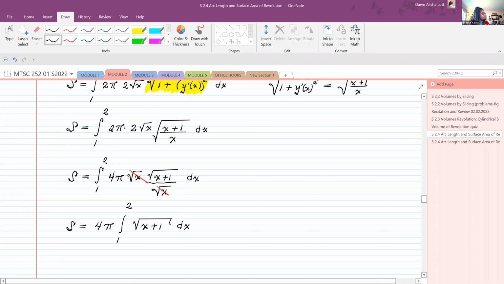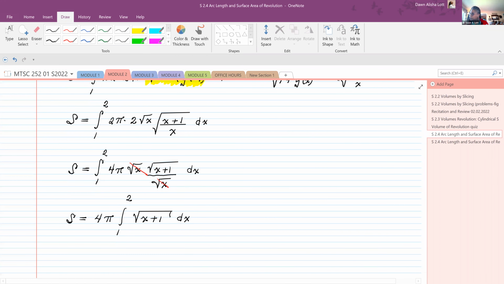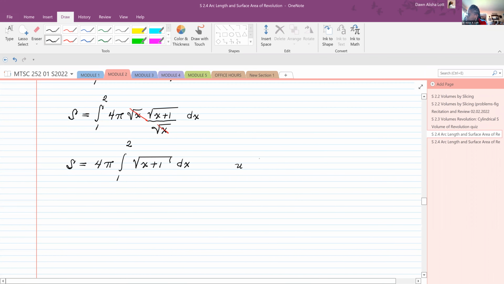Okay. All right, so this is a very simple integral. u is equal to x plus 1, du is dx. When x is equal to 1, u is equal to 2. And when x is equal to 2, u is equal to 3. So this becomes S is 4 pi, 1 becomes 2, 2 becomes 3.